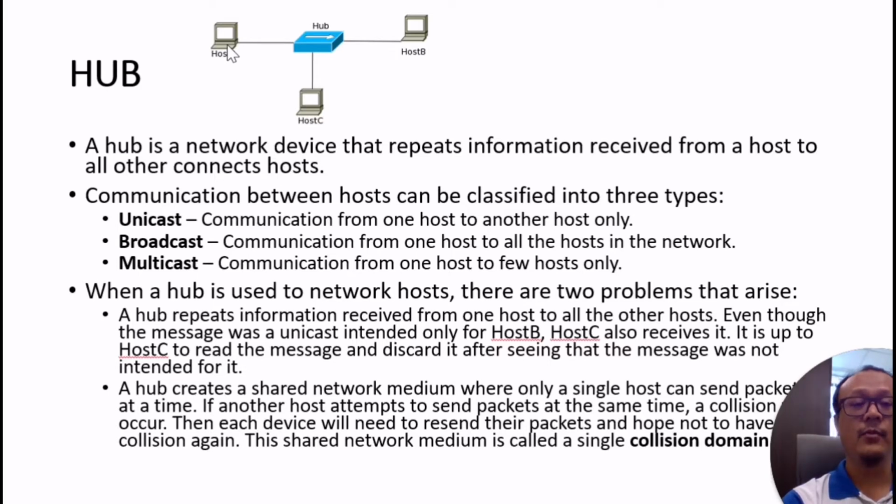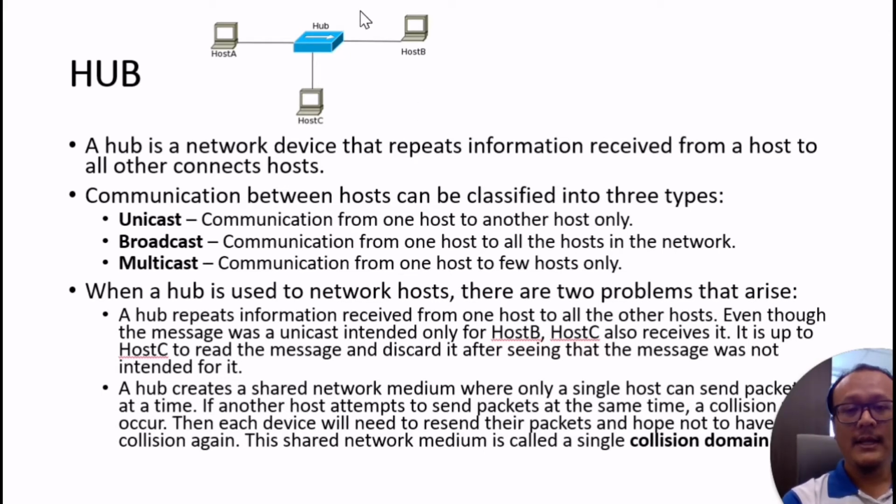It's a communication from one host to a few hosts only. Only selected hosts will receive it. For example, host A wants to send information to hosts C and D. So the information will only be received by those computers. Other computers will not receive it.